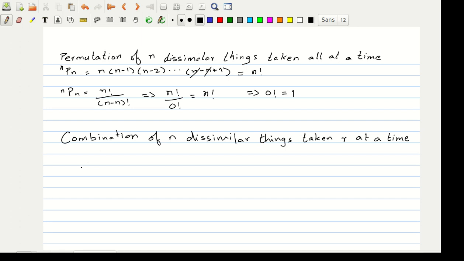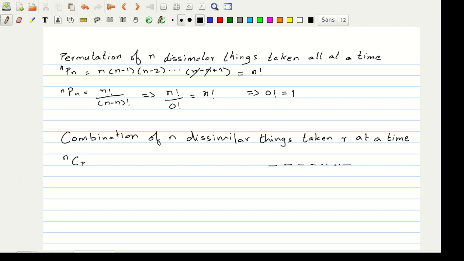So again we have the notation, we call it nCr. Now to derive this formula is actually much simpler. We know that, let us say there are r number of places here.